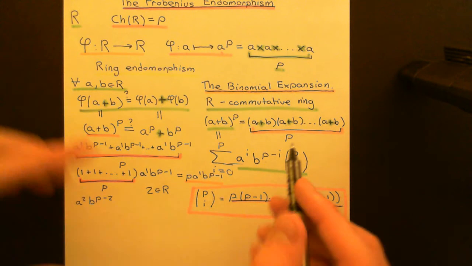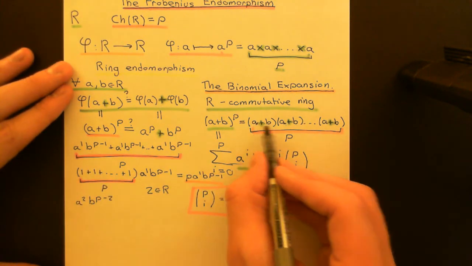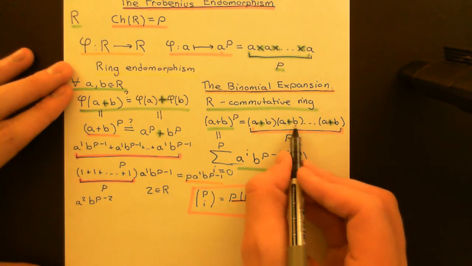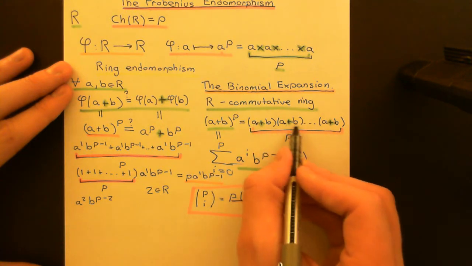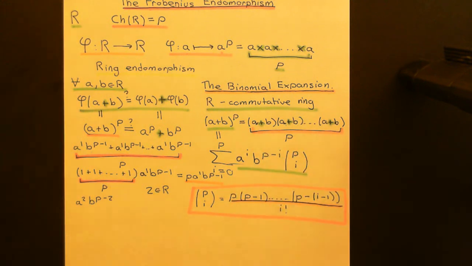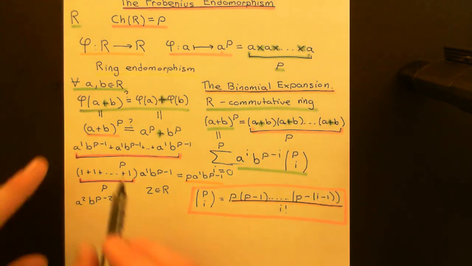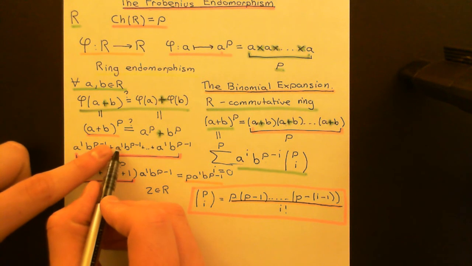Okay, so for instance, these different ways of doing it, picking one a from here and then picking all b's from the other ones, and then another option is taking the a here and then taking all the b's from the other ones. Those are not necessarily the same thing. Okay, we used commutativity of multiplication to move the a to the front.